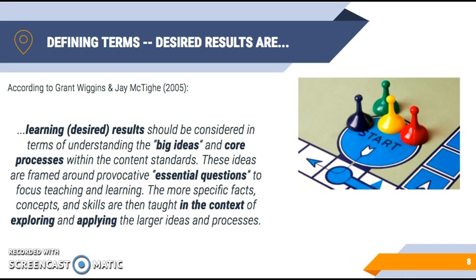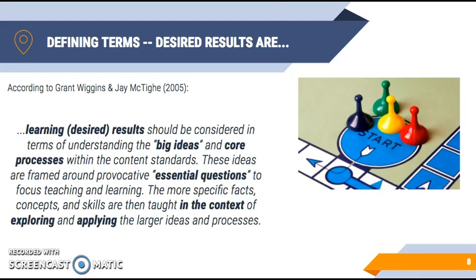So as we've discussed and read, there are some different variations of the definition of a desired result. Here's one that I think includes some of the big understandings that we're looking to further solidify as a group.